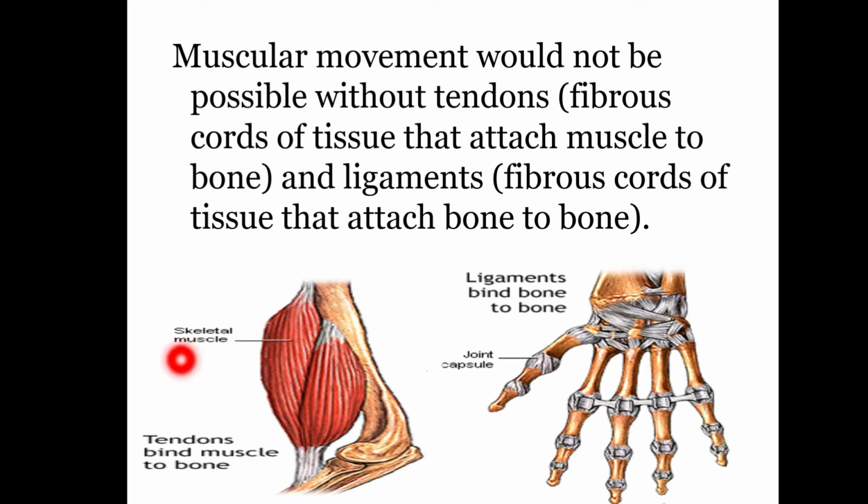You can see here the muscle is attached to the bone, and that is because of the tendons. In the same way, ligaments are the fibrous cords of tissue that attach bone to bone. Those are called ligaments. So without these two, the muscular movement would not be possible.